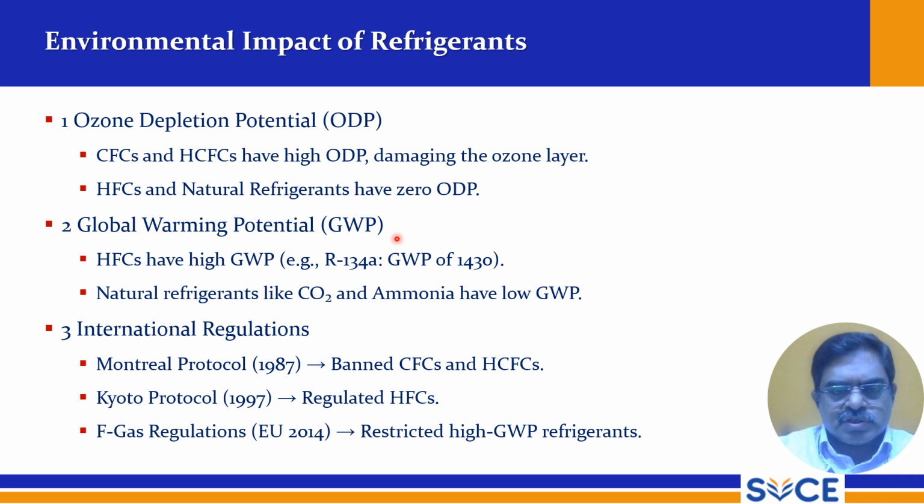Global warming potential, that is GWP. HFCs have high GWP, that is R134A GWP of 1430, and this is a little higher, and it should be minimum. Natural refrigerants like CO2 and ammonia have low GWP, such as 3 and 1.